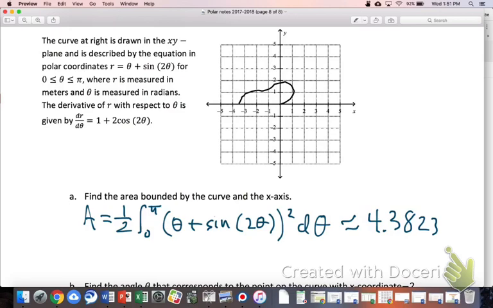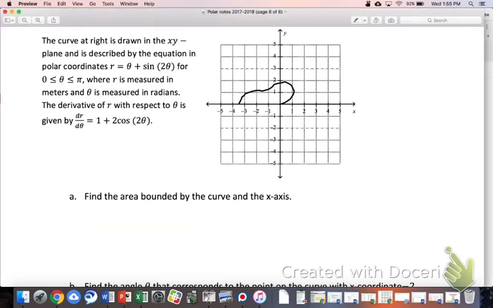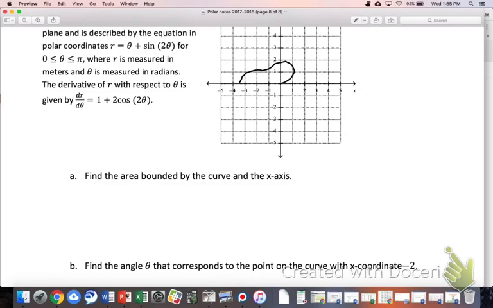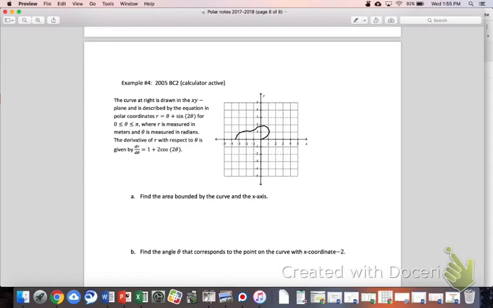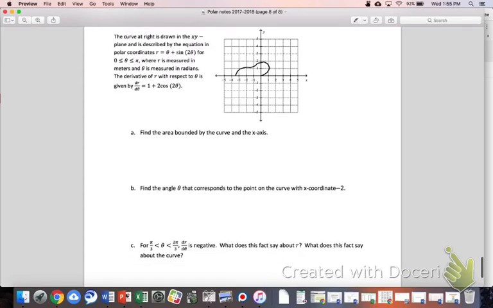B says, find the angle theta that corresponds to the point on the curve with x-coordinate -2. So x-coordinate -2 is what we're trying to match there. I'll give you a couple minutes to try to get this one going.